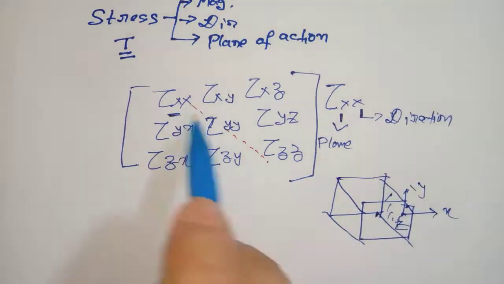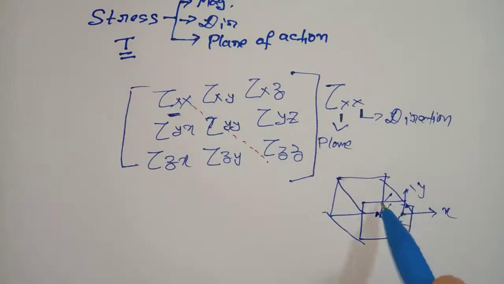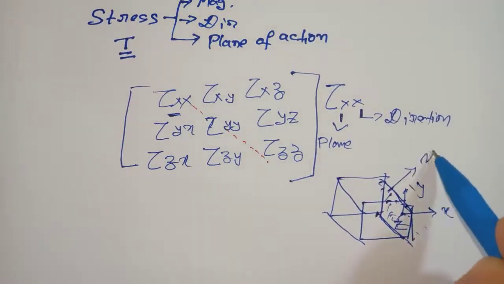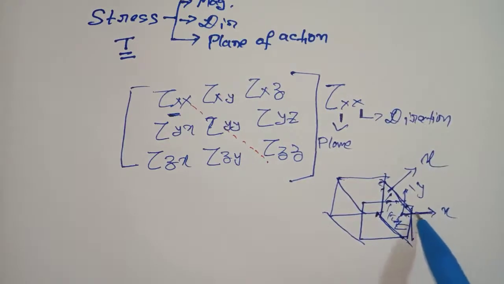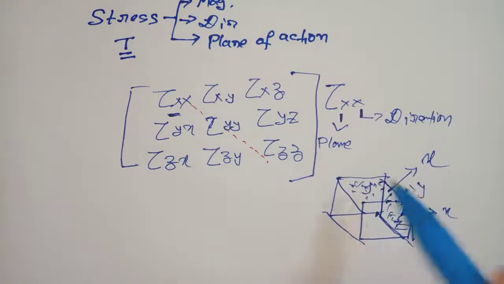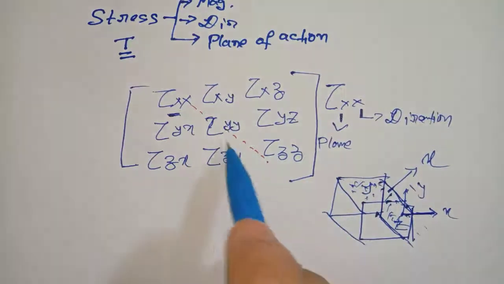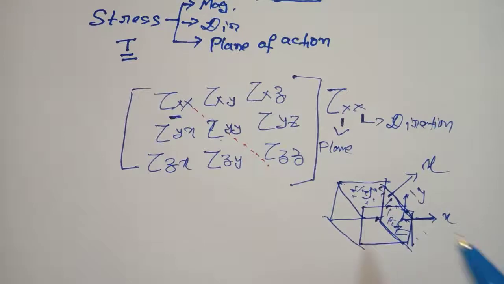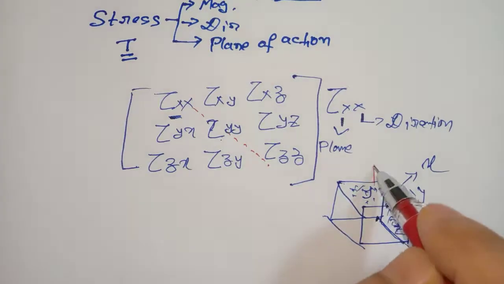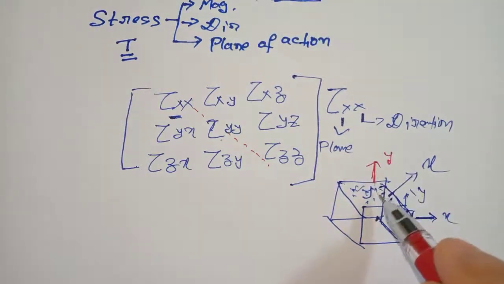If I take tau xx, that means on the x plane, this particular shaded plane, the stress is happening on the x plane and in the x direction. This dotted one is the y plane. If I take tau yy, the stress is happening in the y direction in the y plane.